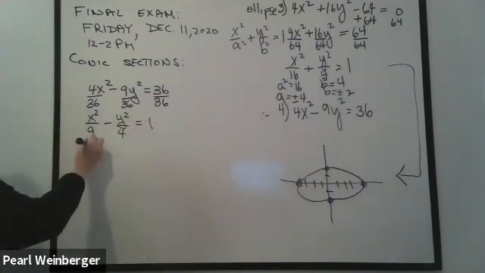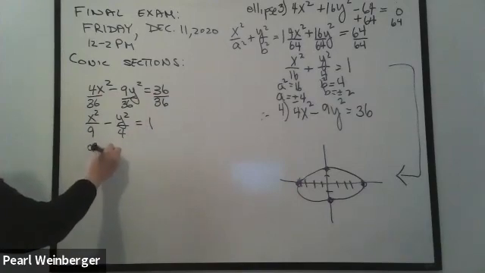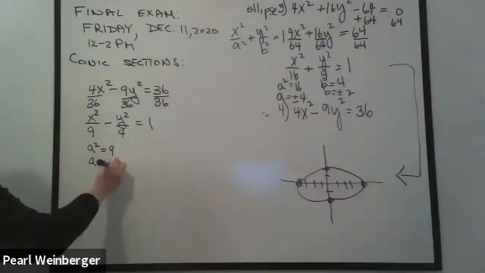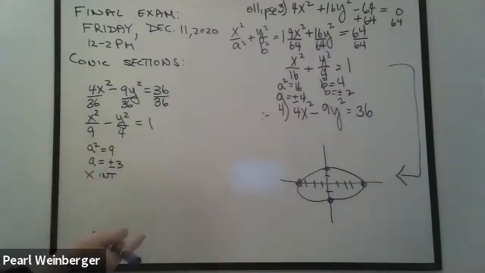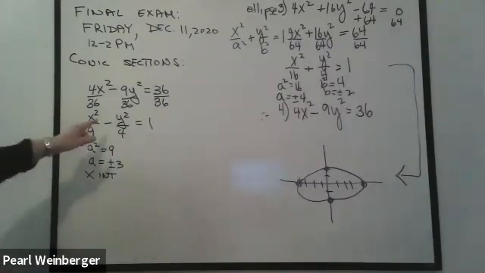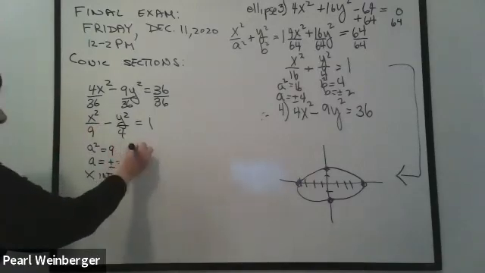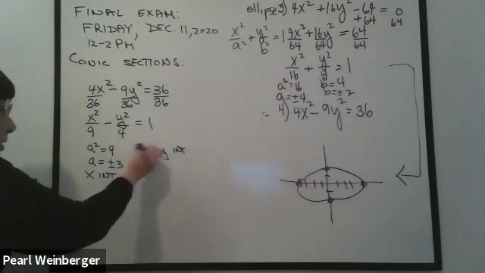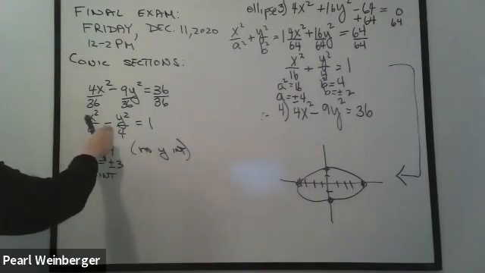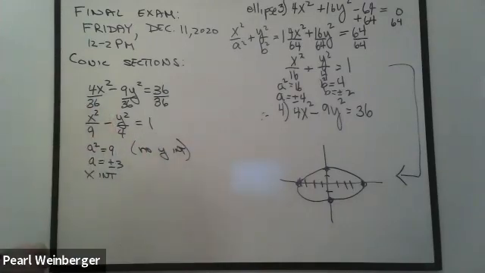That means your a squared is 9, which means your a is plus or minus 3. These are your x-intercepts. The b squared is 4, but it doesn't help you because there aren't going to be any y-intercepts, since the y squared is the negative.